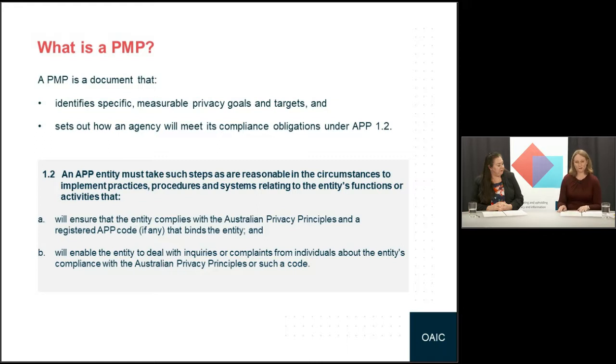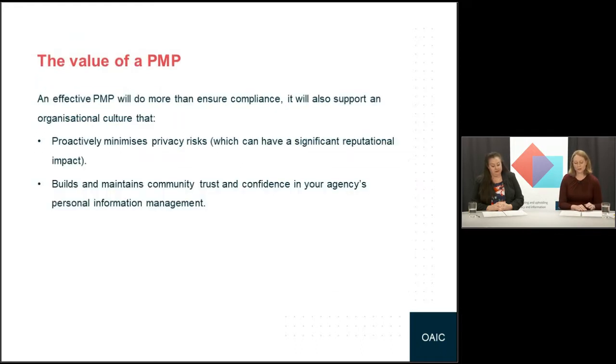To get the most out of your PMP, it is important that it isn't viewed as a tick-the-box requirement. An effective PMP, like all good governance practices, has value beyond compliance. Your PMP provides a centralised document that clarifies your agency's privacy risk profile and your privacy maturity. That is, how well your practices and processes support you in managing this risk profile.